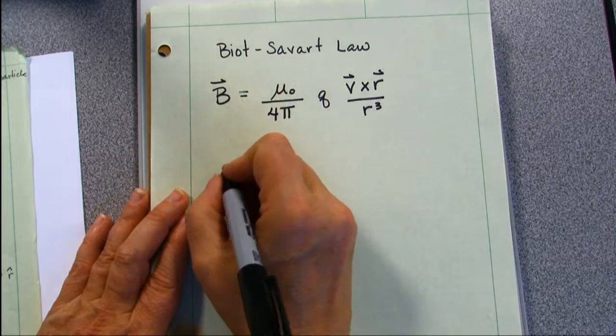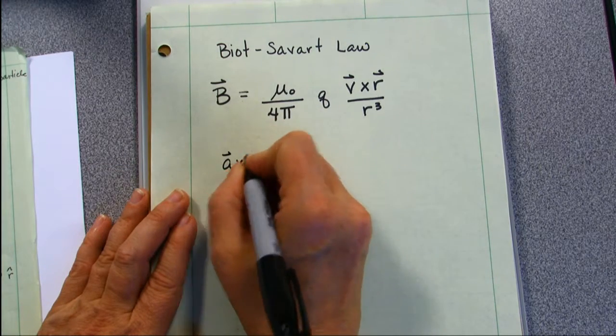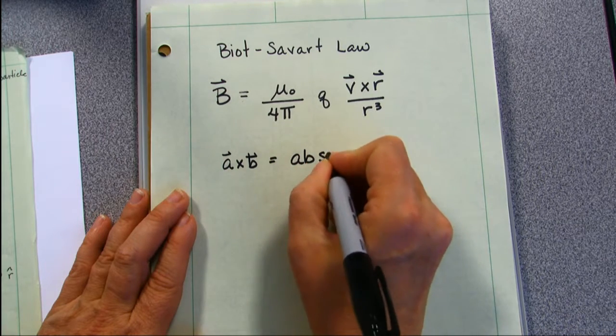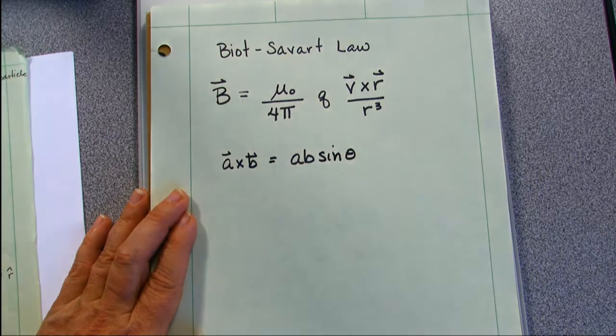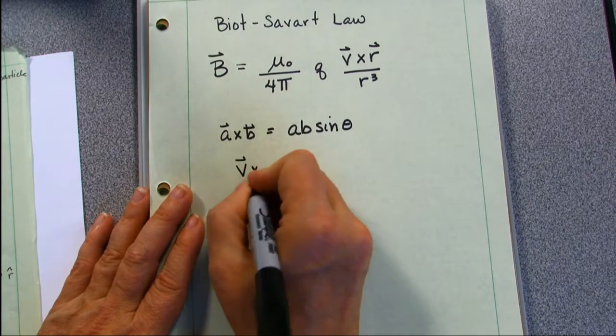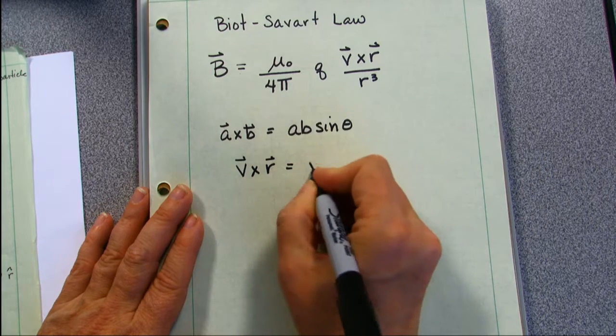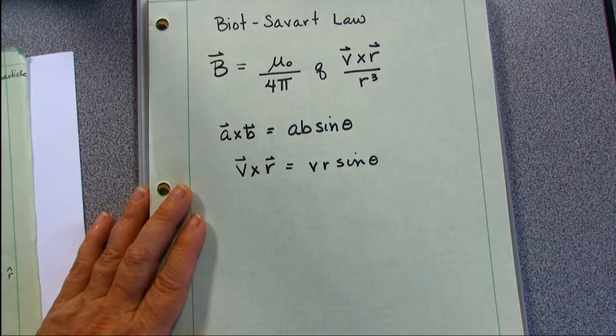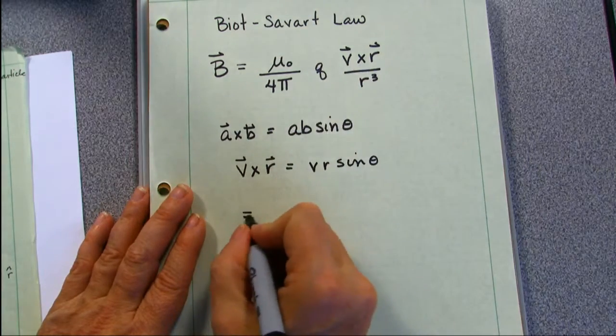And remember, if I just do any two vectors, cross any two vectors, it's going to be A B sine of the angle. So if I do v cross r, I'm going to get v r sine of the angle. And I'm going to plug that back in.